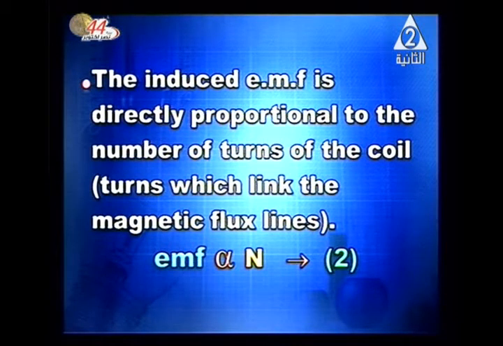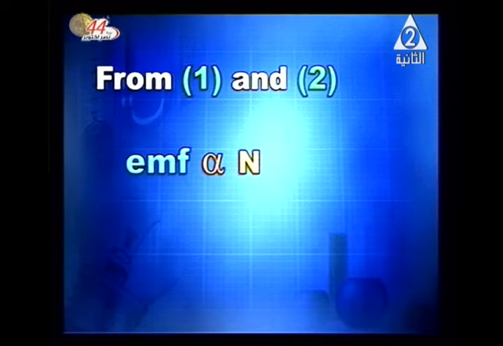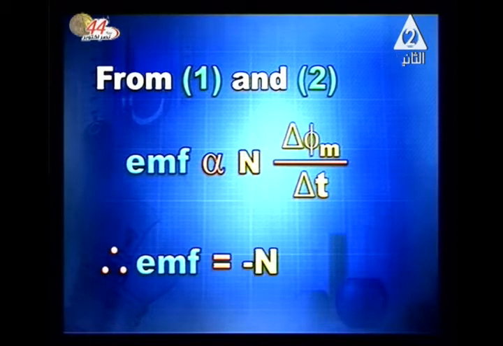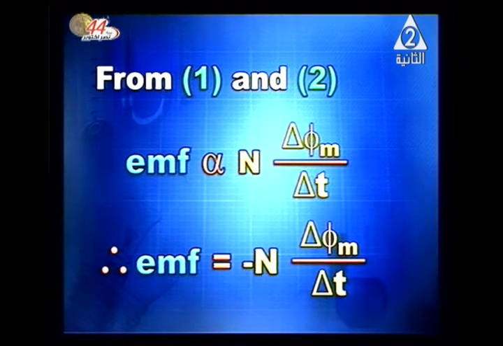From the first and second equation, we can say EMF is proportional to N delta phi over delta T. The proportionality sign is replaced by equality, so we expect a constant. The constant is equal to 1. So EMF equals negative N delta phi magnetic over delta T.